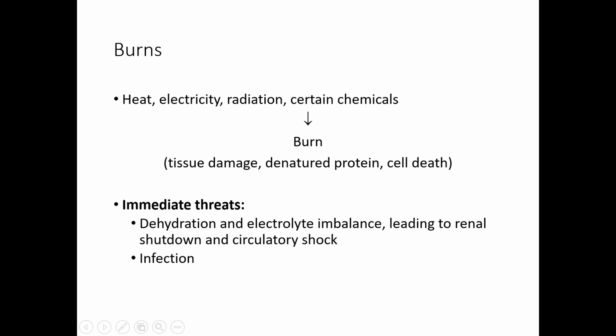There are immediate threats from burns, because if it's a large burn, it can cause dehydration, loss of salts, electrolyte imbalance, and it causes our kidneys to shut down and causes the person to go into shock and they can die. So that's the immediate threat. Infection develops several hours later, but still it's a big threat.